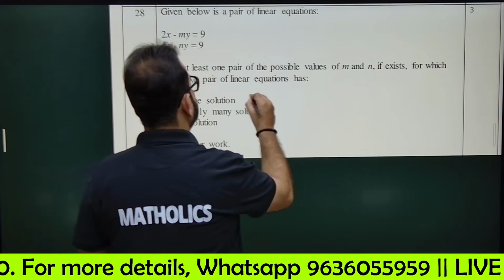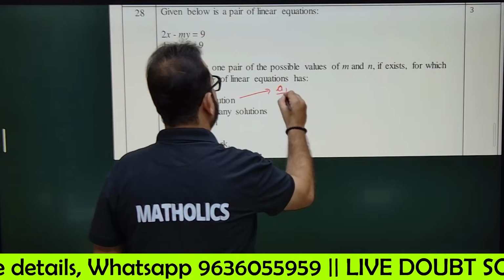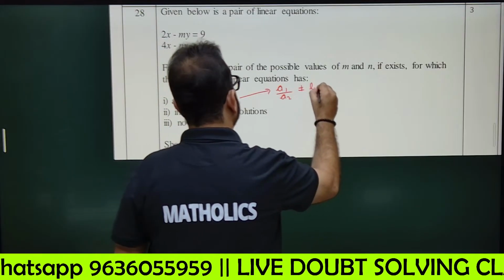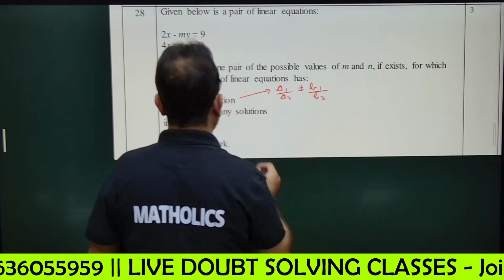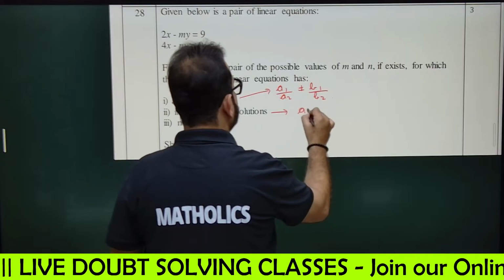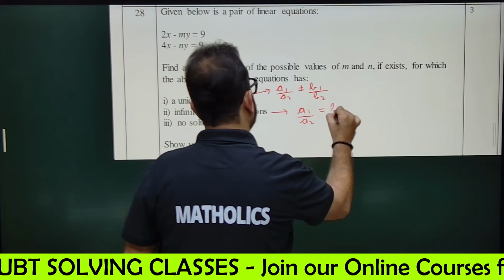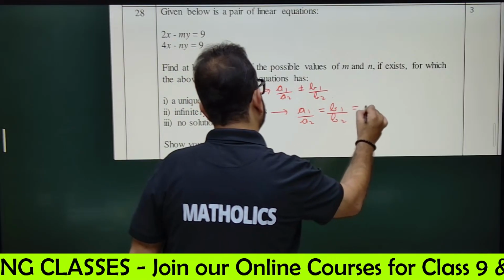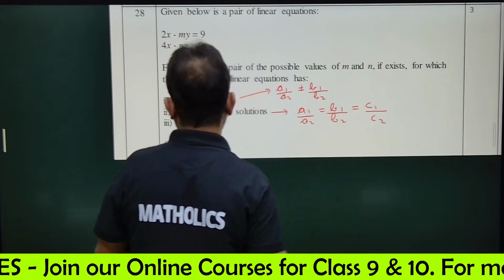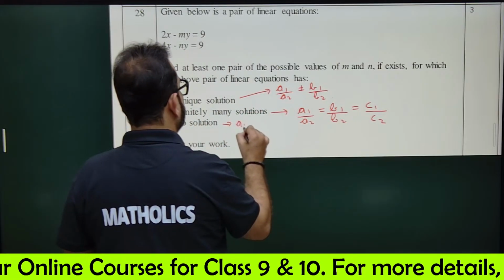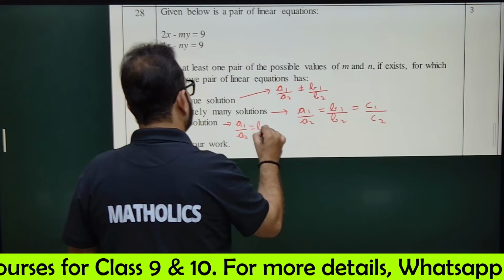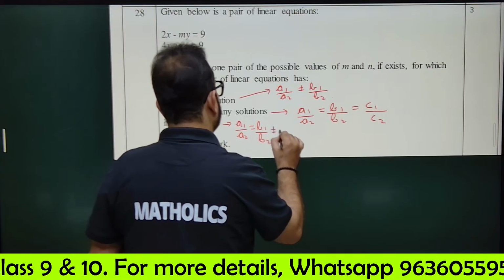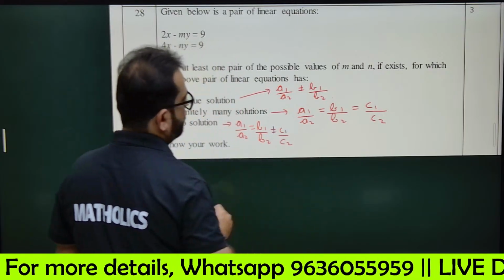Who remembers? It is a1 by a2 not equals to b1 by b2. Infinitely many solutions. It is a1 by a2 equals b1 by b2 equals c1 by c2. No solution would mean a1 by a2 equals b1 by b2 not equals c1 by c2.